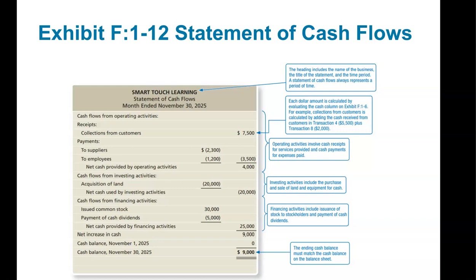We bought things, we paid for things, and cash came into our hands for this reason. As long as cash physically flowed in or out of the business, then it's captured in this report. There are three main parts to the statement of cash flow. That's cash flow from operating activities, cash flow from investing activities, and cash flow from financing. Those are your four statements.